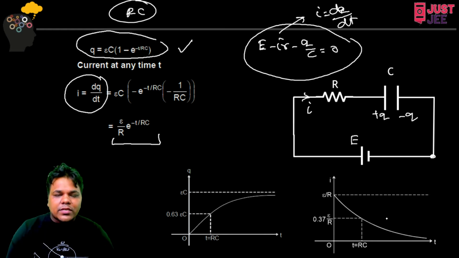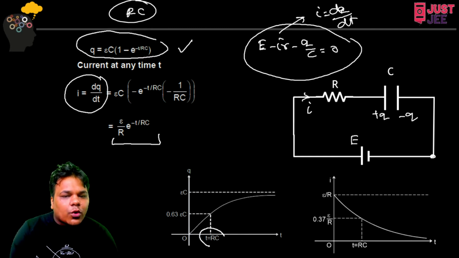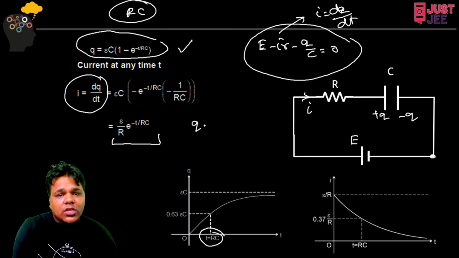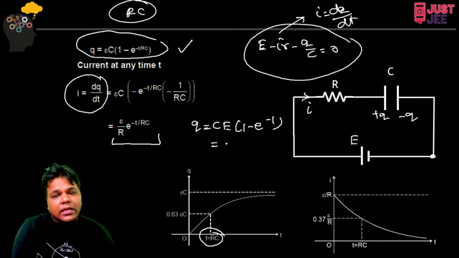But the most important, when t is equal to RC, now you can put it into these equations. The charge on the capacitor is CE into 1 minus e raised to power minus 1. You just need to remember 0.37. That means 0.63 CE.